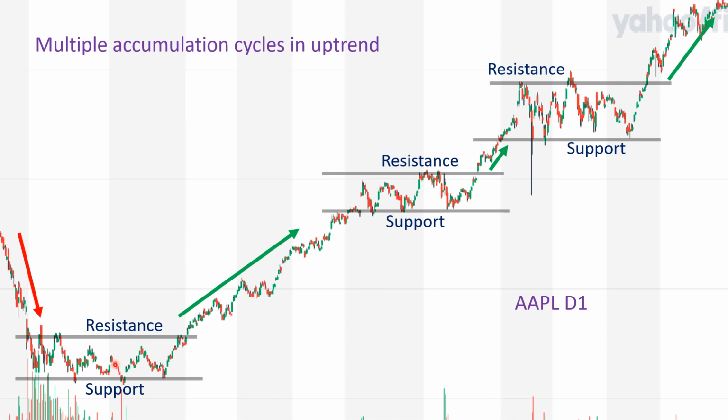I recommend you strongly that you do the same thing. Always buy in accumulation cycle near the support. You see around this area where you see price rejection, that I'll talk about later, and sell it in distribution cycle.